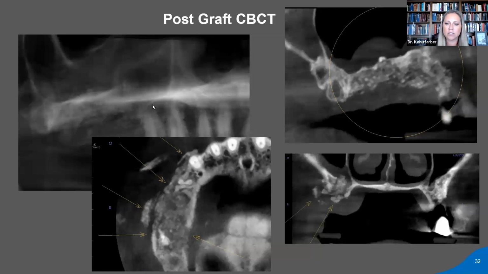They went ahead and took the CBCT. And where is that graft? It has pretty much escaped the membrane. It's everywhere. It's all in the buccal soft tissues. It's pretty much everywhere except for where we really wanted it to go. So definitely important to look at our post-graft with a CBCT before placing an implant.